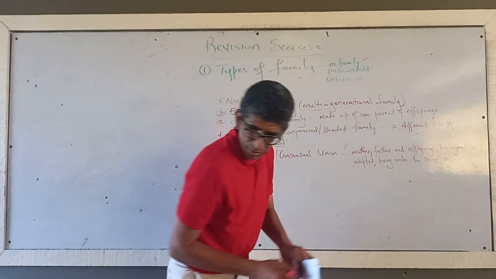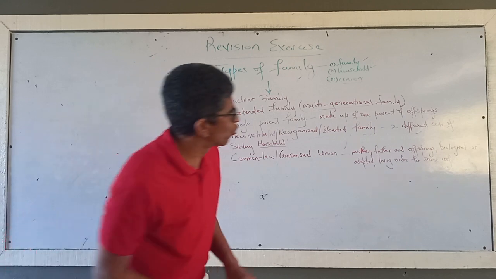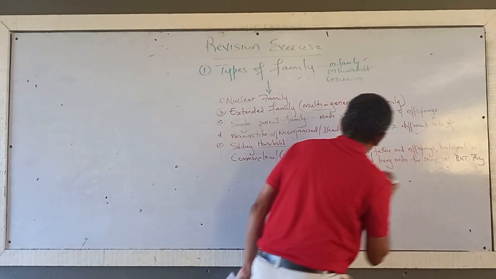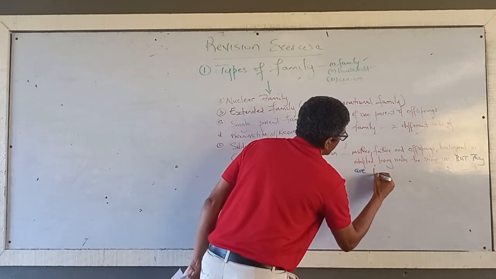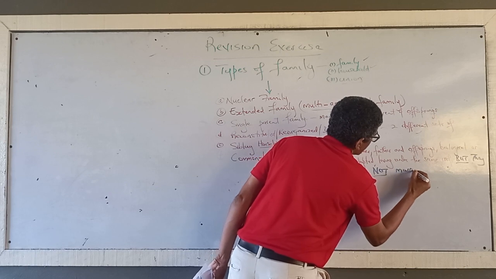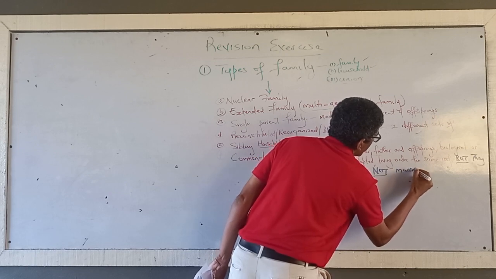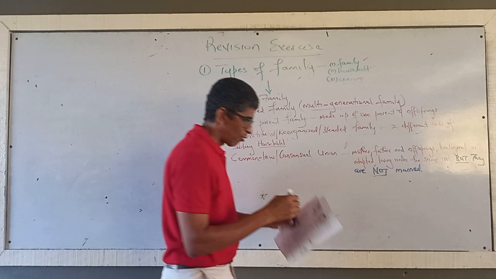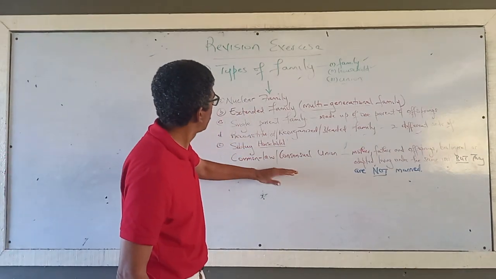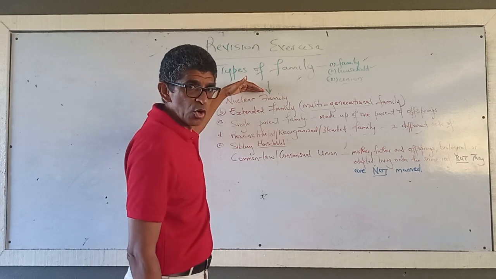Watch this now. This is important. They live under the same roof, but they are not married. They are not married. That's the difference between the common law and the traditional nuclear family.